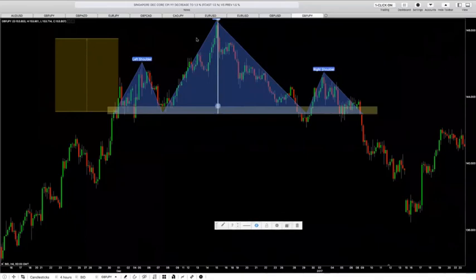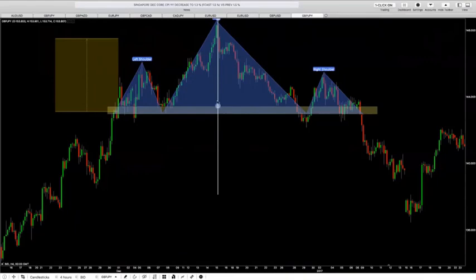Then I'm going to copy the line over and draw it right below where my entry point was. All I did was draw the line from the height of the pattern to the base of the pattern, and then copy the line vertically, lower, right by my entry zone. This is going to give me my take profit level.